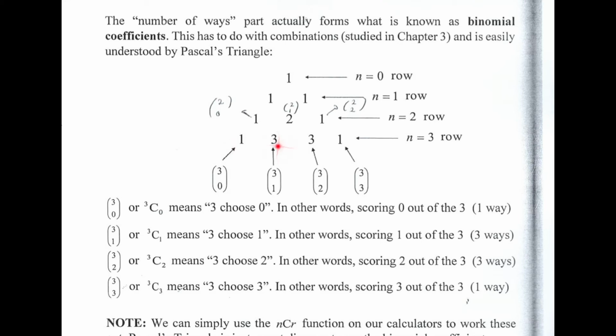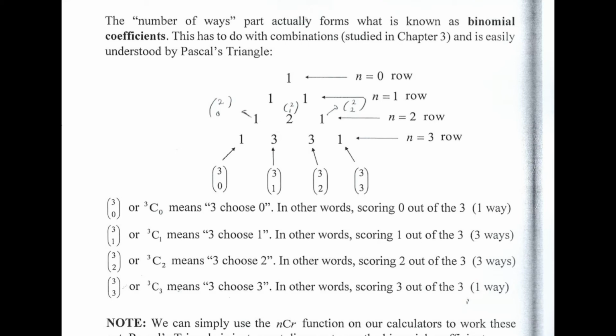The second one is 3 choose 1. That means scoring 1 out of the 3, and we knew that there were 3 ways. The third one, 3 choose 2, means scoring 2 out of the 3. And the last one, 3 choose 3, means scoring 3 out of the 3 tries, and there was one way to do that.